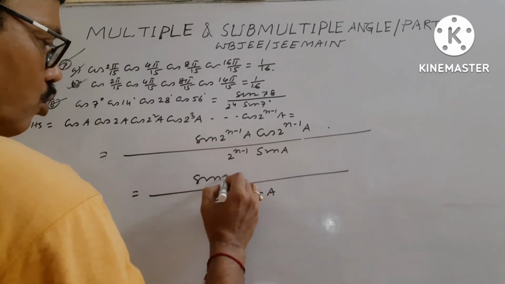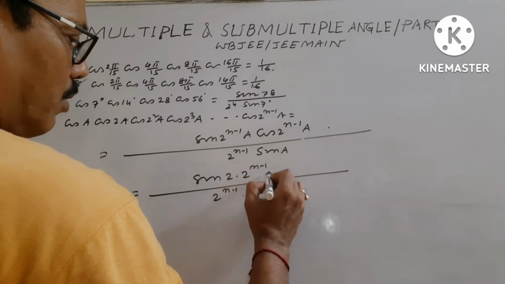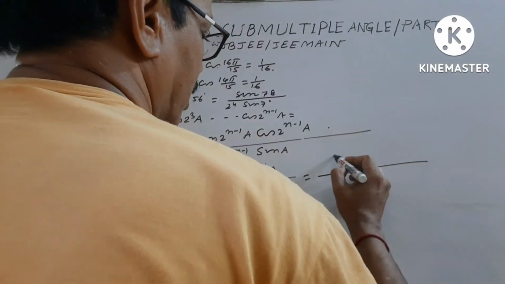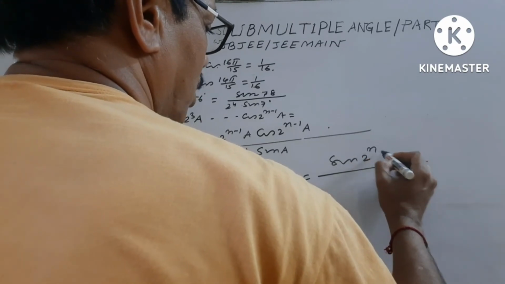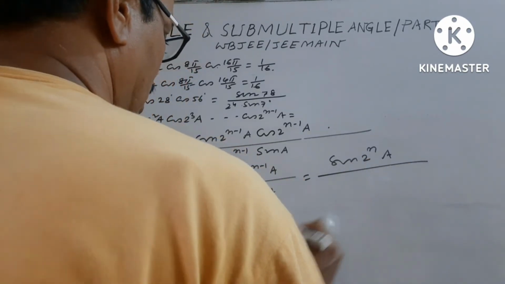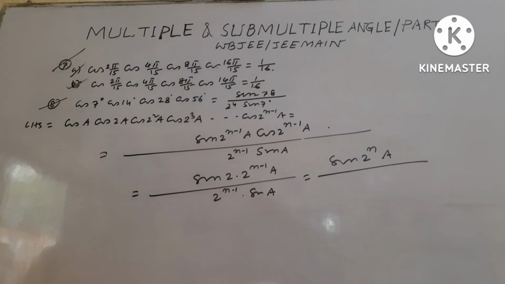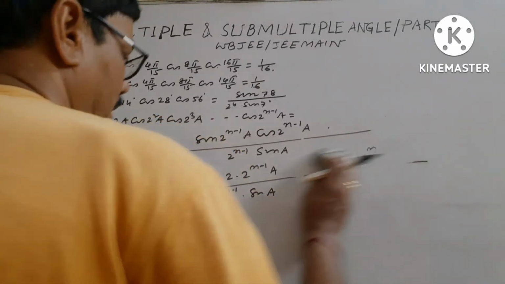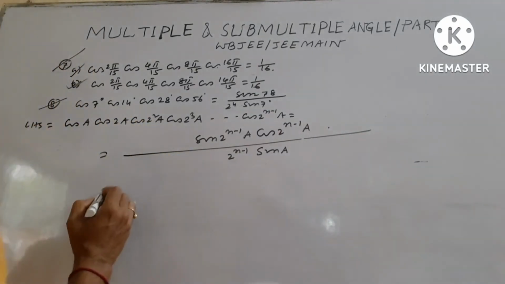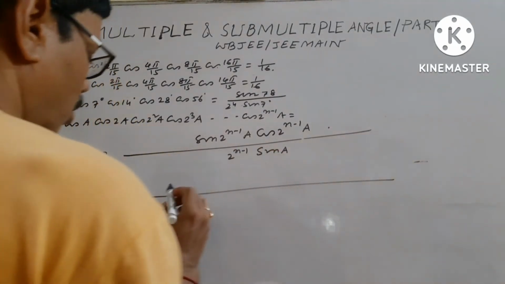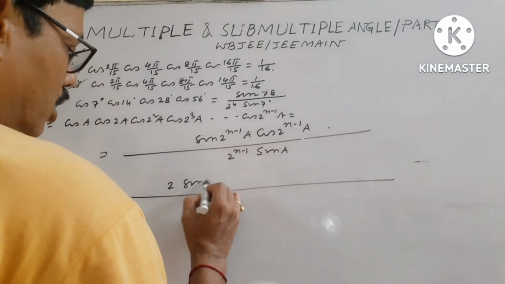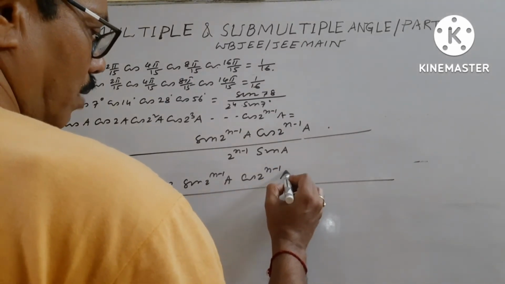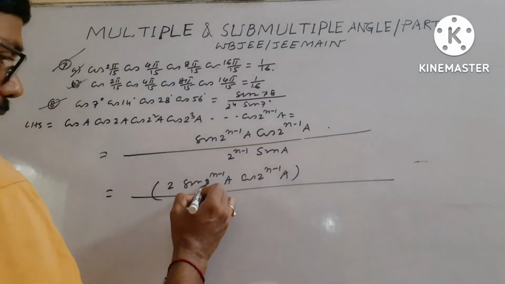Now apply the formula. So sine 2 into 2 to the power n minus 1 A. By the rule of indices, this is sine 2 to the power n A. Next step, look, we need a 2 here to make the formula: 2 sine 2 to the power n minus 1 A cos 2 to the power n minus 1 A. So we are multiplying by 2.